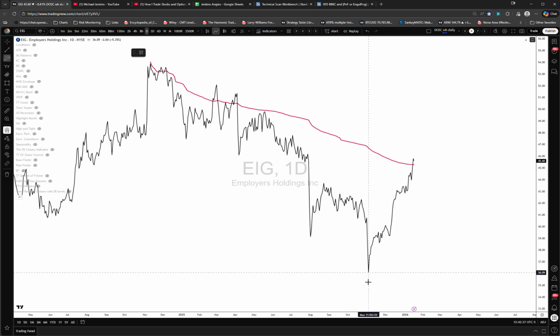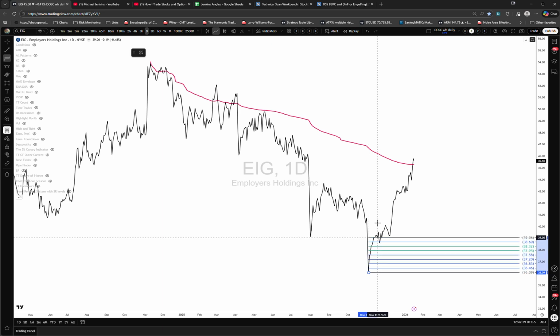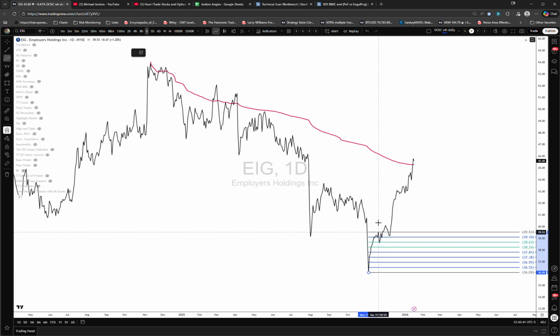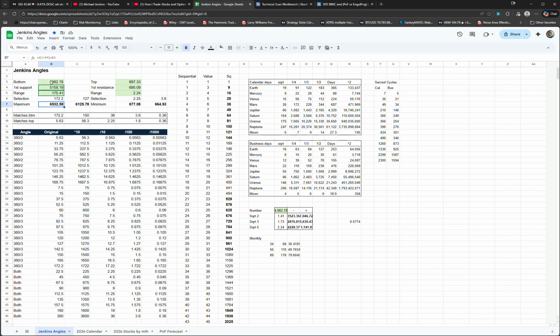We'll start from the low. We'll use this first area of resistance, and so you've got 3609 and 3953. And that gives us a total maximum for the Fib retrace tool of 6647.